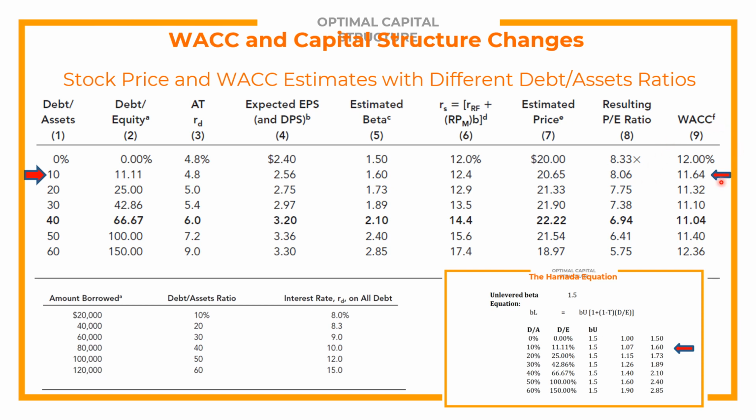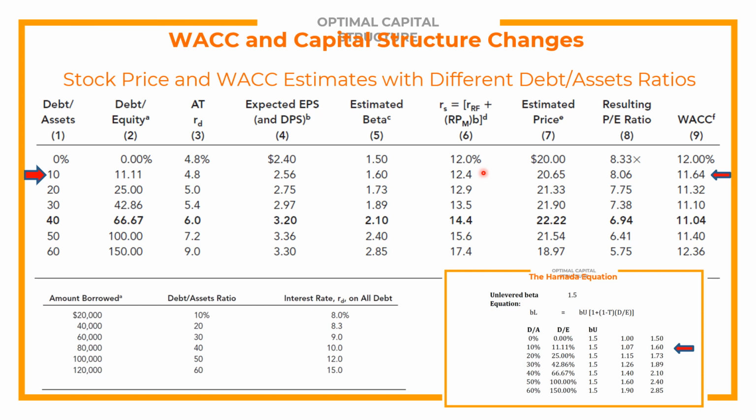Then we have the WACC. Our WACC is now composed of 10% debt. That is the weight, 10% times the 4.8% after-tax cost of debt, plus 90% multiplied by 12.4%.